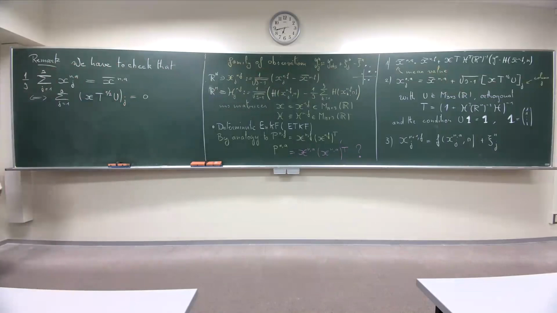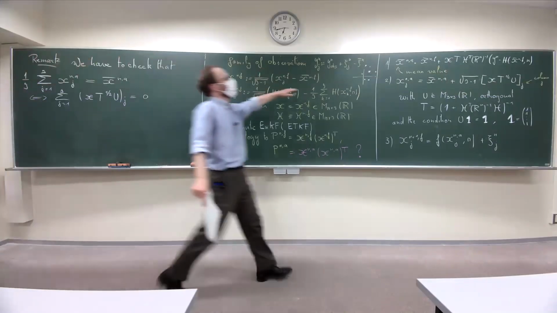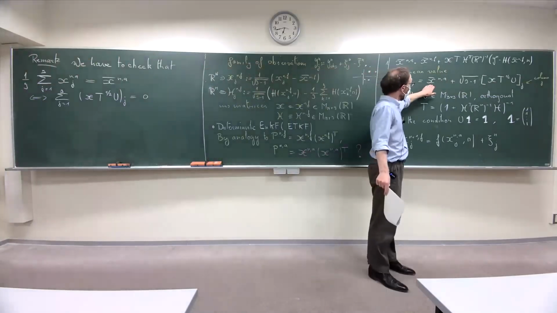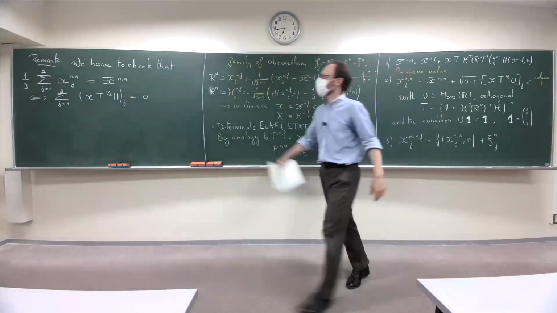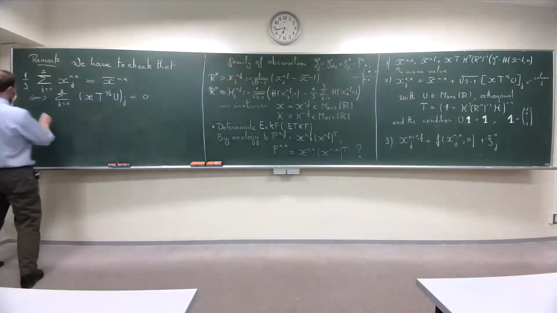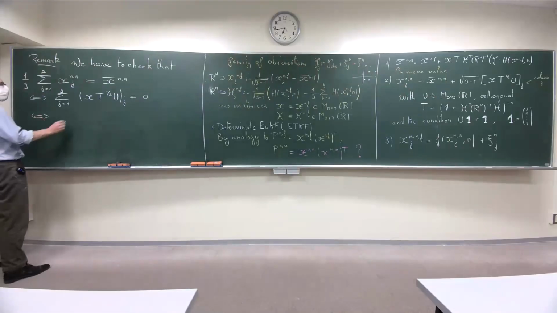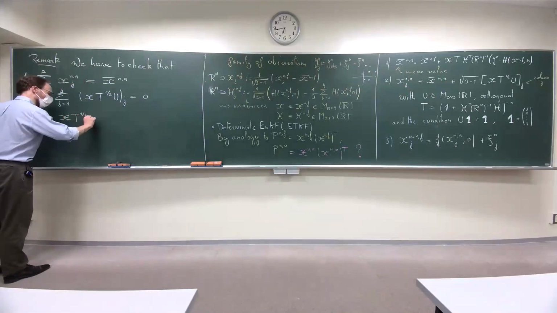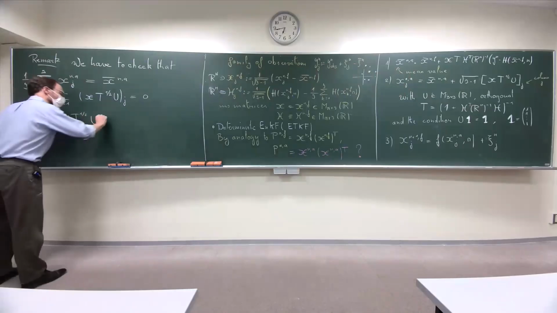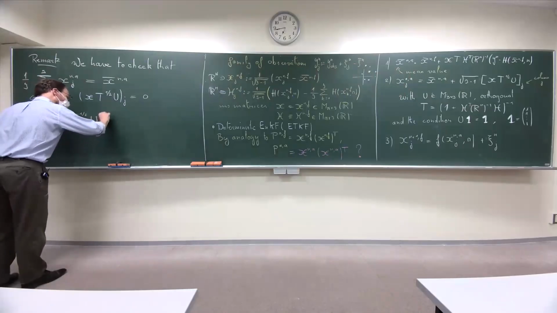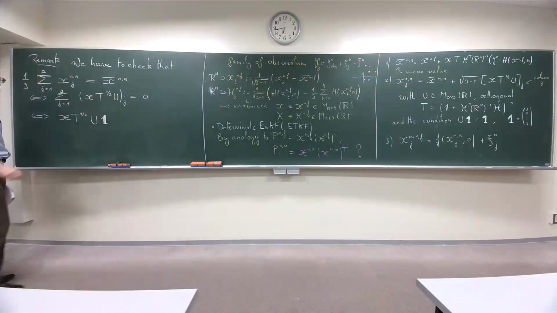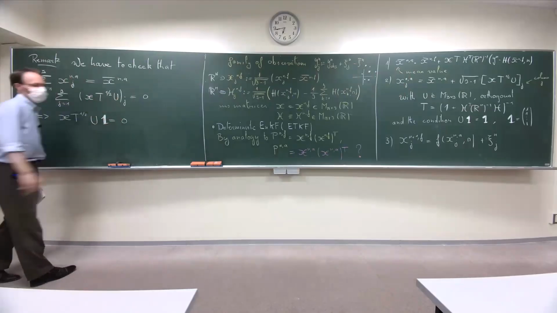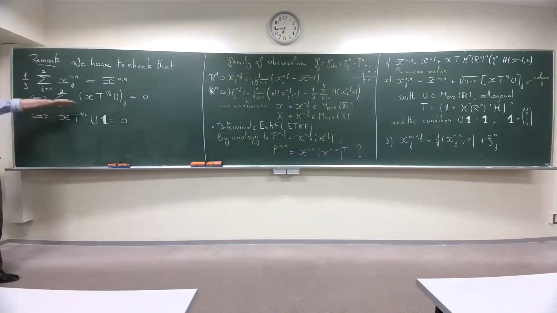Because if it is 0, then it means when you do the sum, you are just summing J times this and you divide by J. And I'm still going to write this slightly differently. This is equivalent to this X T^(1/2) U applied to the vector 1, which I have introduced, being 0. Check. When you apply a matrix to 1, 1, 1, 1, 1, it gives you the first column.